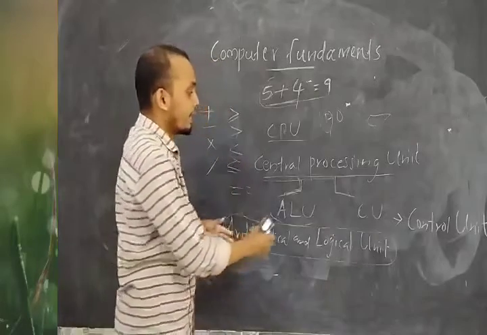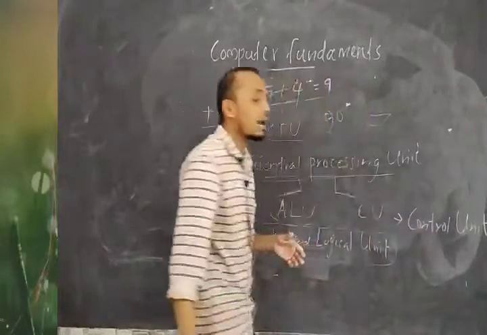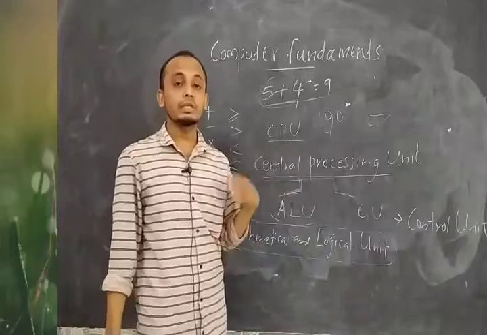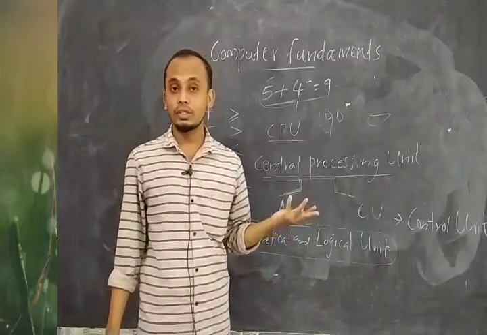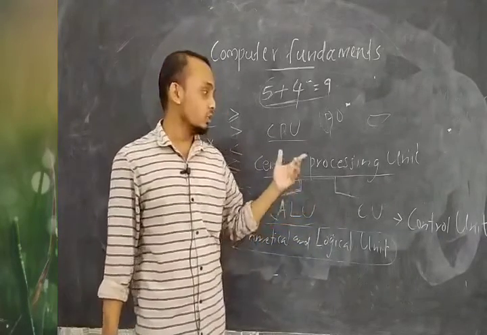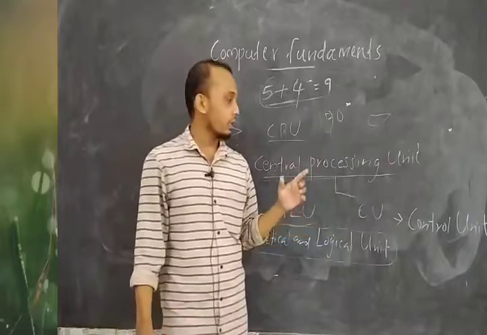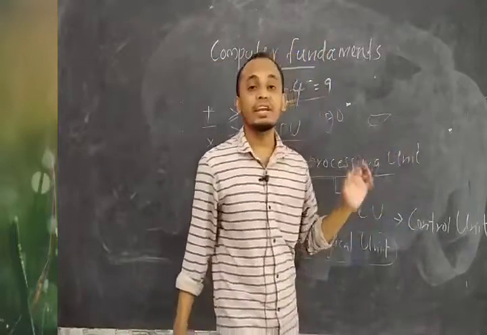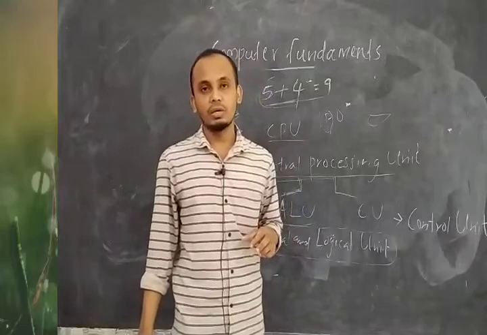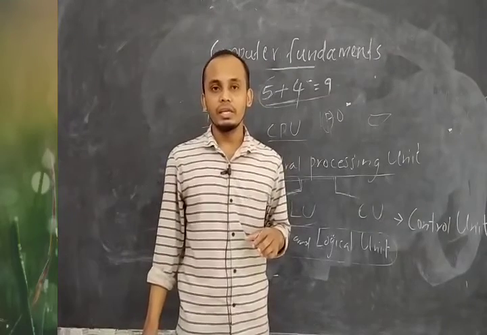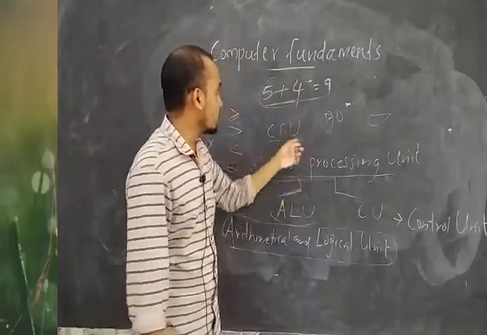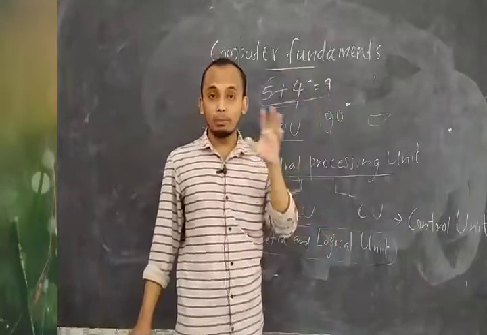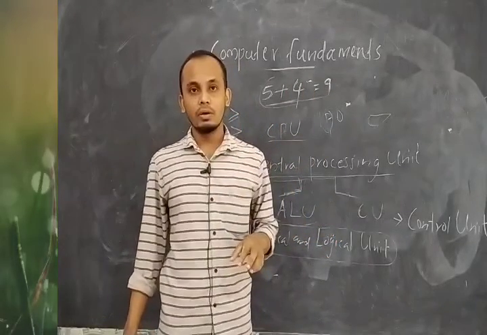Okay, then next is the control unit. What is the responsibility of the control unit? The control unit is used for controlling and guiding instructions. All this processing will happen with the help of instructions.